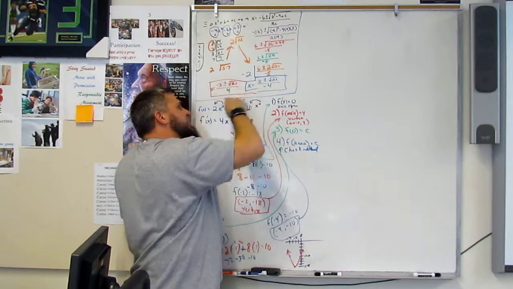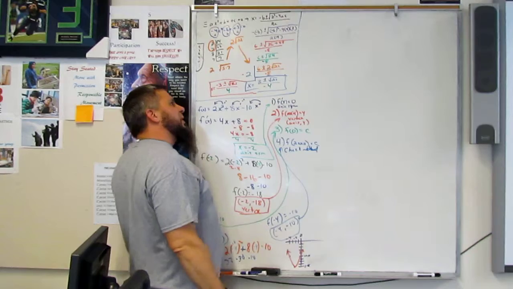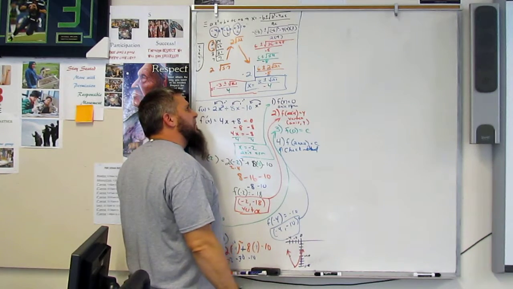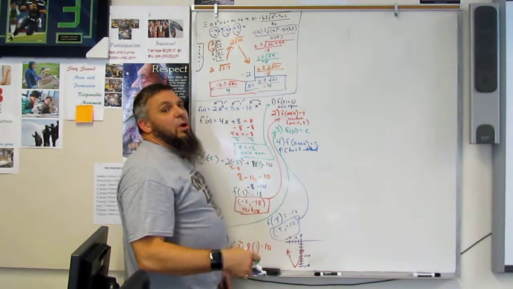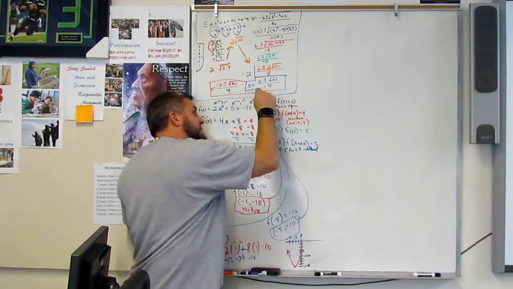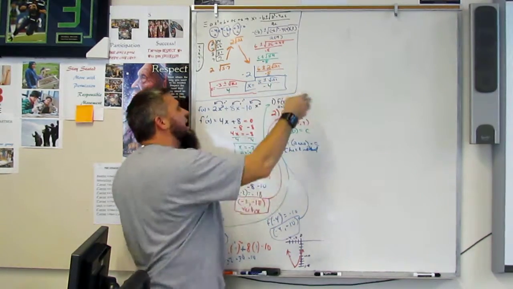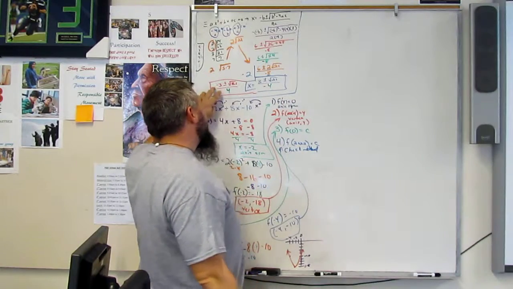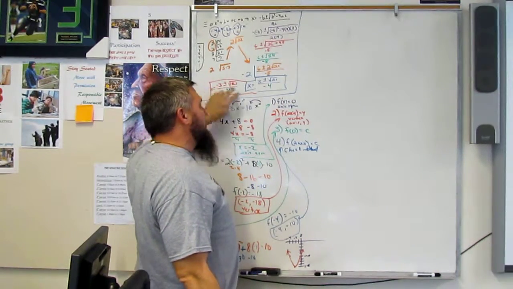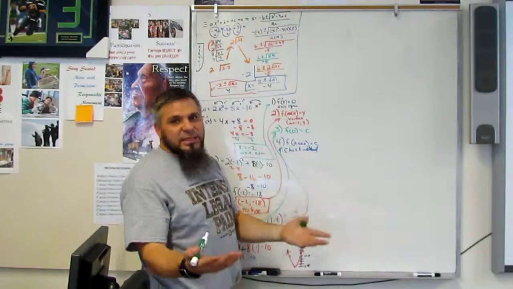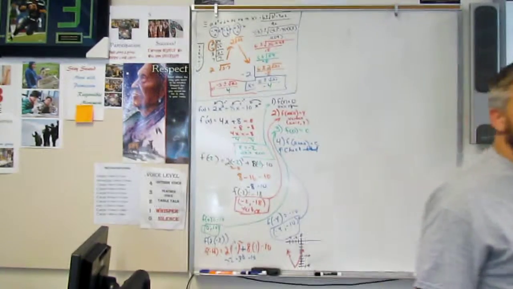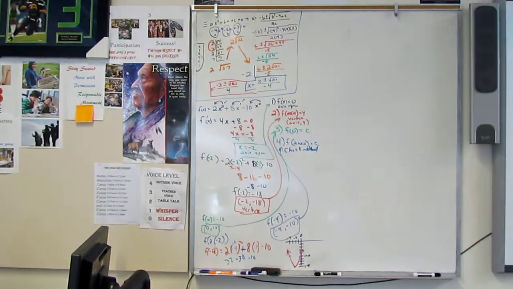So your answer could look like this, negative 3 plus or minus the square root of 21 over 4. Or it could look like this, where you have 3 plus or minus the square root of 21 over negative 4. So the real difference is whether you have the negative up top or you have the negative down below. That's really it. And that's half of it.